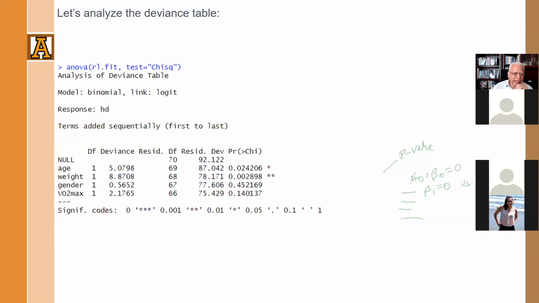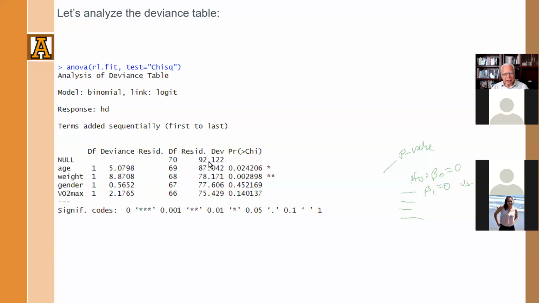There's something called the null deviance, the null residual deviance. Okay, so the residual deviance is how much is explained by the full model. So if I include the full model, what is all the variability that the model explains?